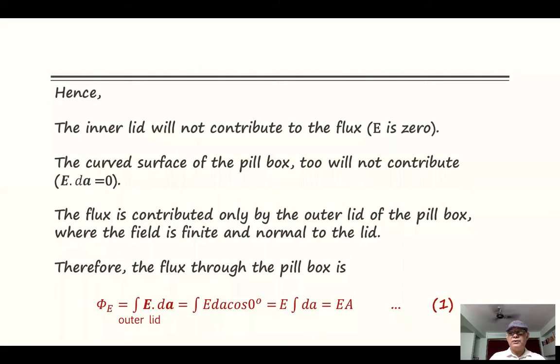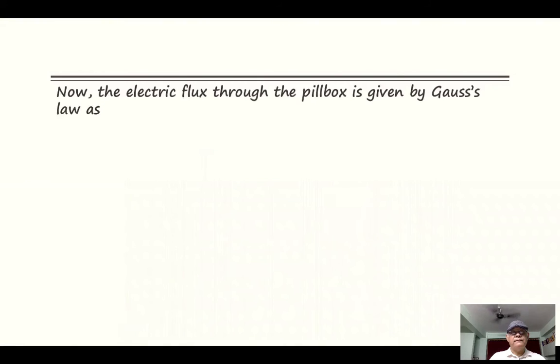as given by equation 1, E multiplied by A, simple scalar multiplication. Now, the electric flux through the pillbox is given by Gauss's law as charge enclosed by epsilon naught, which is equal to sigma A by epsilon naught.